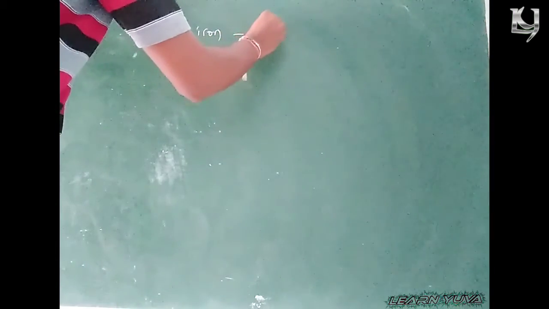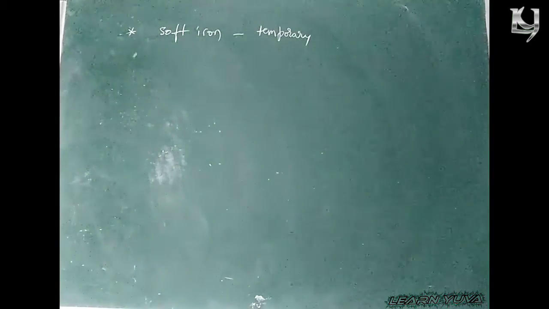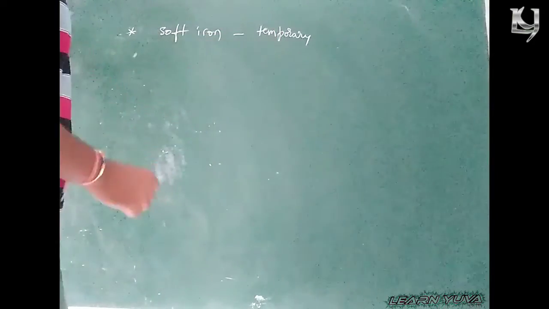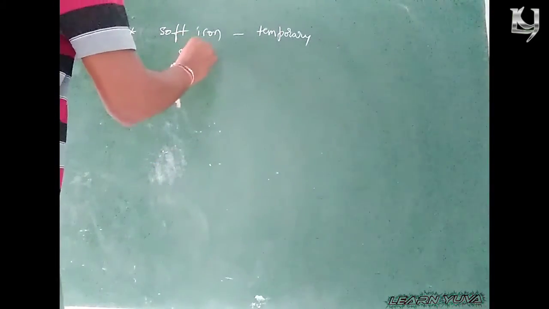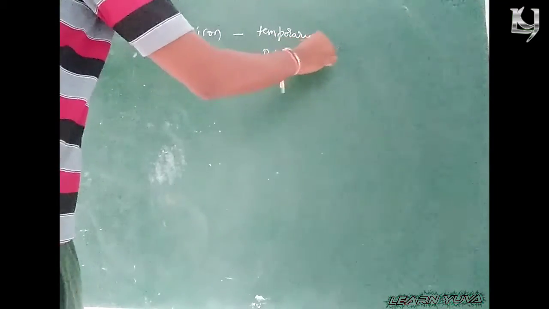So in this way we can make a magnetic material into a magnet. There are a few points regarding magnetism. First, in soft iron the magnetism is temporary, whereas in steel the magnetism is permanent.